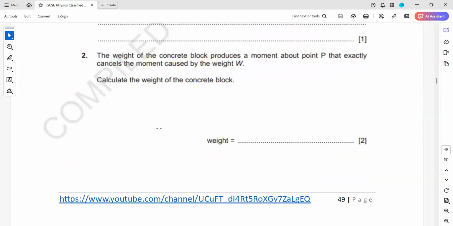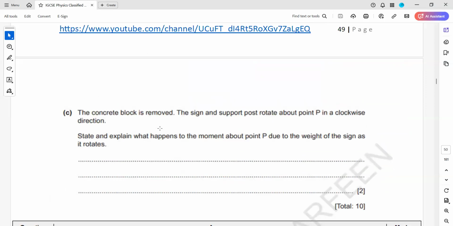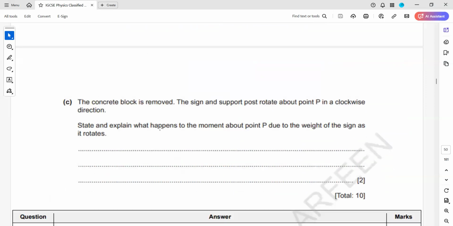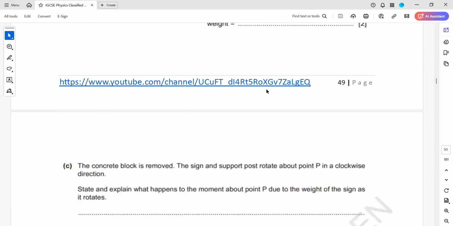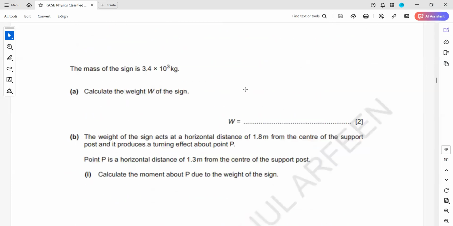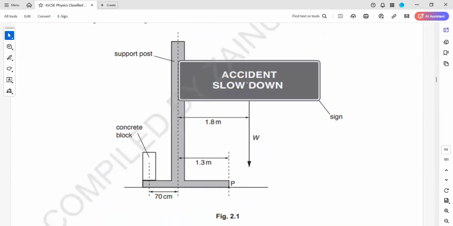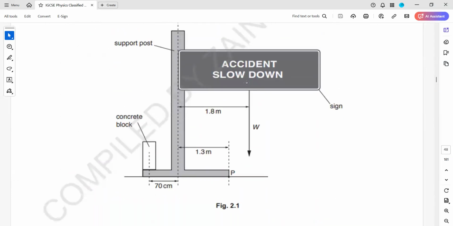The next we have is: the concrete block is removed. The sign and the support post rotate about P in a clockwise direction. State and explain what happened to the moment about point P due to the weight as it rotated. First, what we did, we removed this counterweight here. So as a result, there is no anti-clockwise turning effect.